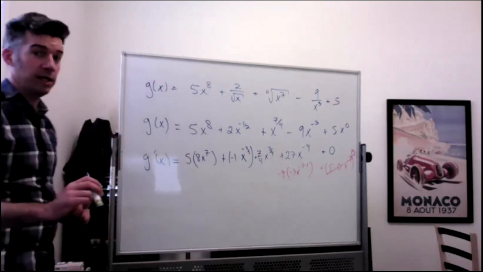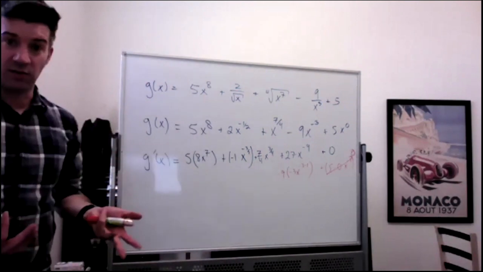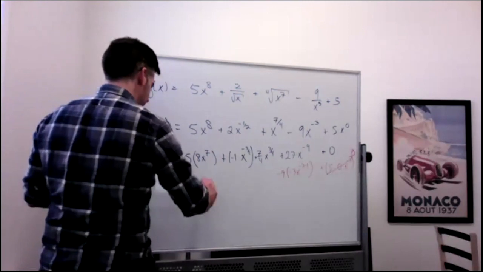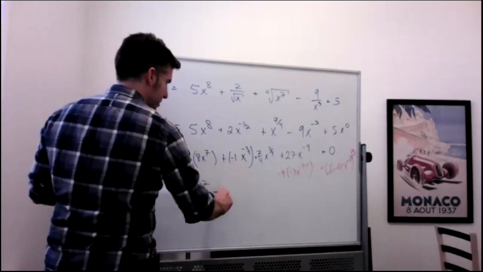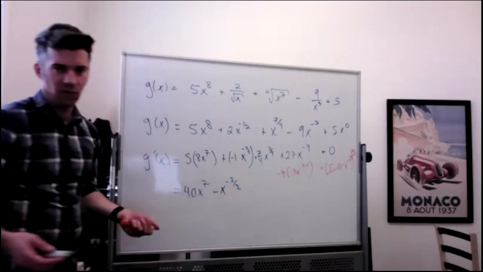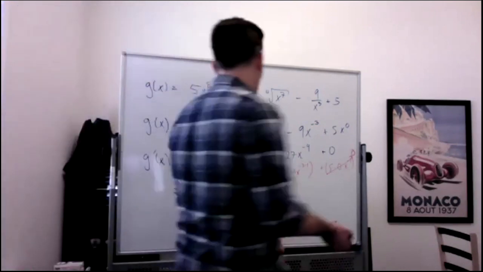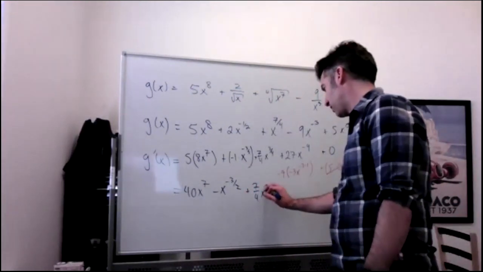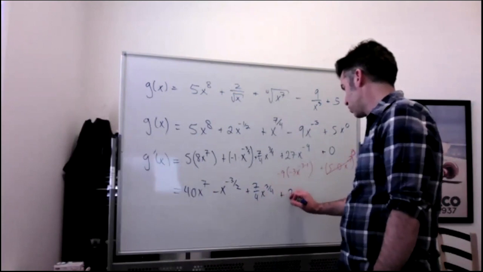Yeah, thanks. Appreciate it. And then I would simplify my answer a bit. So I'd get 40x to the 7th minus x to the negative 3/2. Right? You could write minus 1, but we usually don't if the coefficient's just 1. Plus 7/4 x to the 3/4 plus 27.